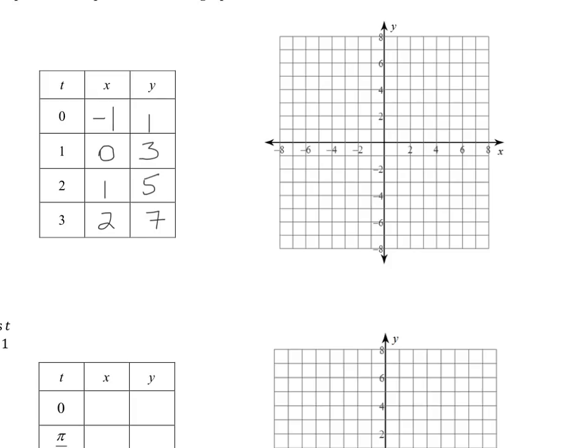So -1, 1 is right here, and then 0, 3, and we're heading in this direction. 1, 5 would be the next one. So you're going to make sure you put arrows in here. 2, 7. And that's it. It's graphed.